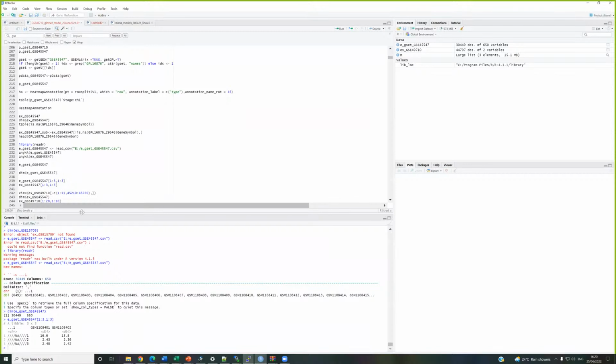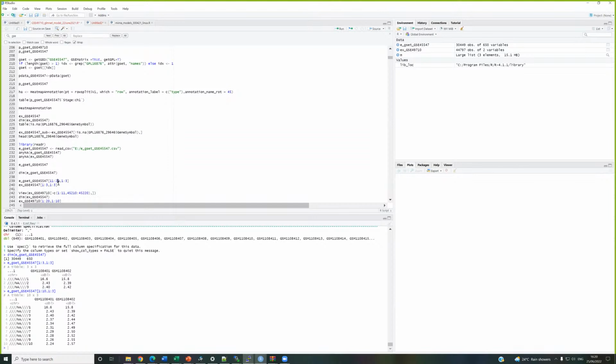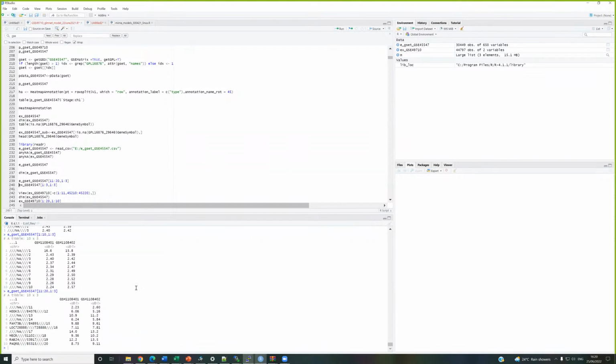Or even 10, maybe 11 to 20. Okay, so can you see this particular thing that I'm showing here? Yes, if people can see this, can you please tell me if you can see this?